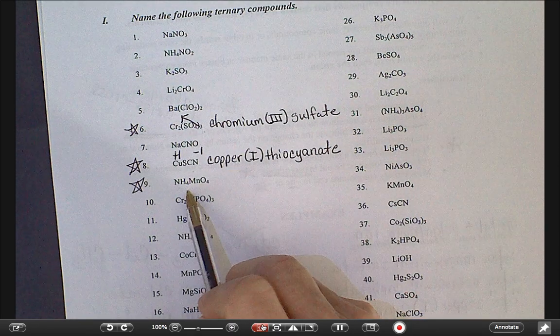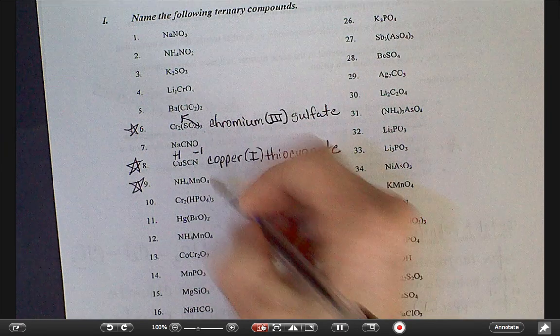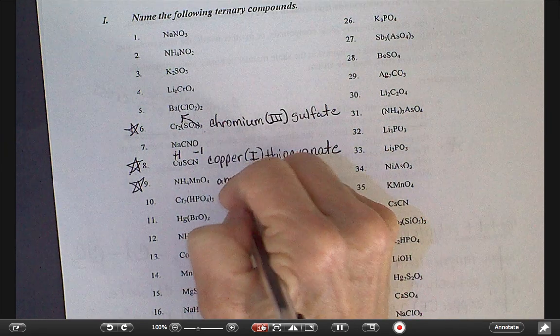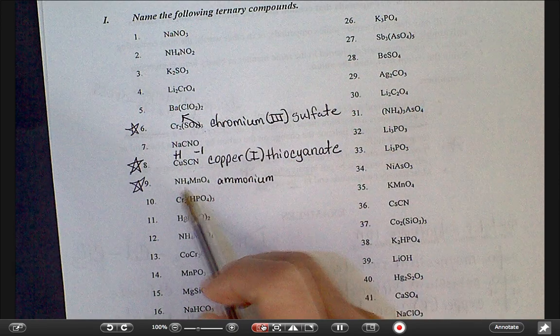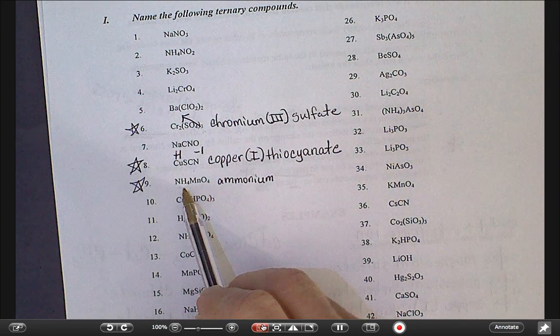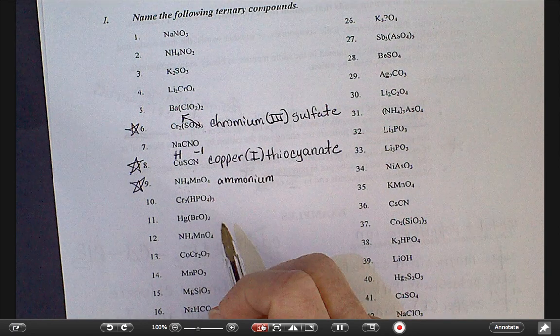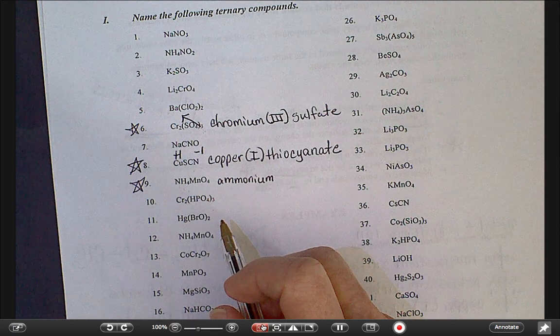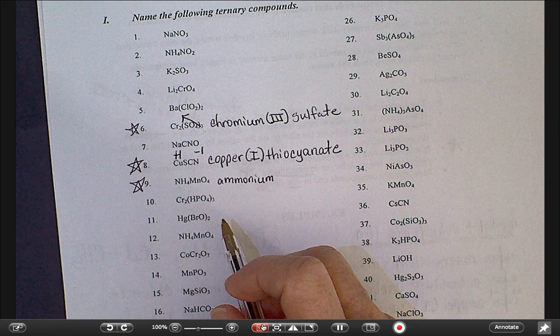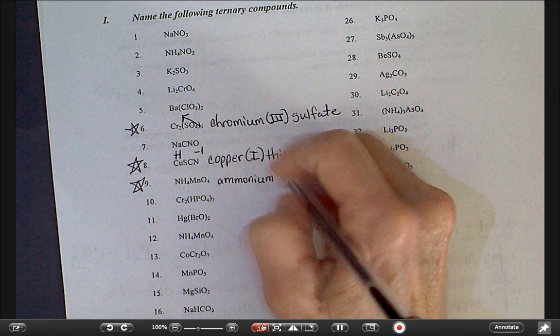Who's NH4? So write it down. Your only polyatomic cation. Go find MnO4. Permanganate? Permanganate. Write its name.